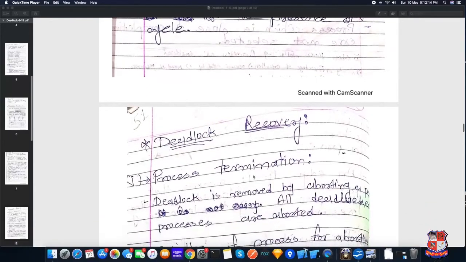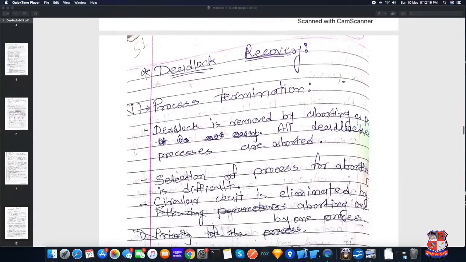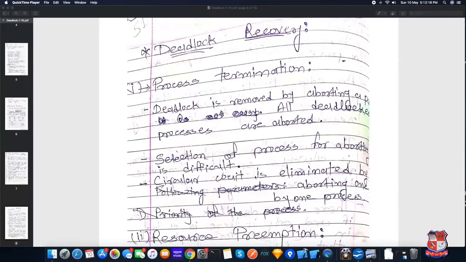Then my third concept is deadlock recovery. So how do we recover the deadlock from the system? There are some basic steps to recover from the deadlock. The first is not a step but a concept. There are four main concepts. The first one is process termination.